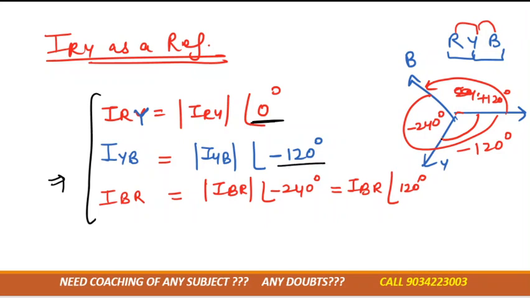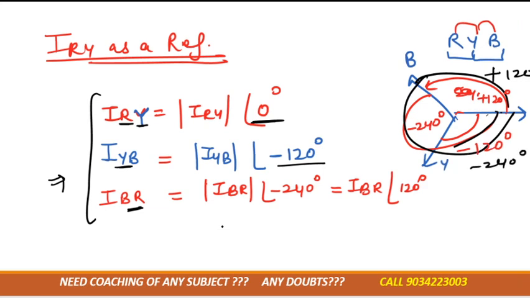Angle between R and Y, R is reference, so 0 degree. R and Y is minus 120 degree. Then the angle between B and R: if we see from the upward side, it is plus 120 degree. If we see from the downward side, it is minus 240 degree. So we can take any one.